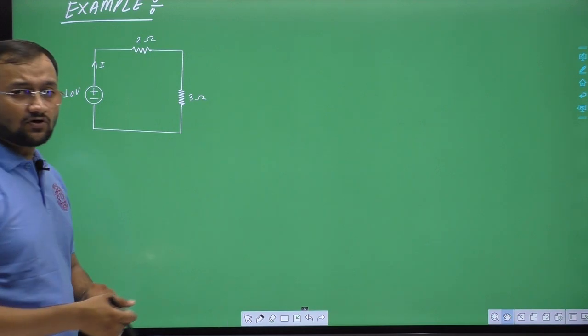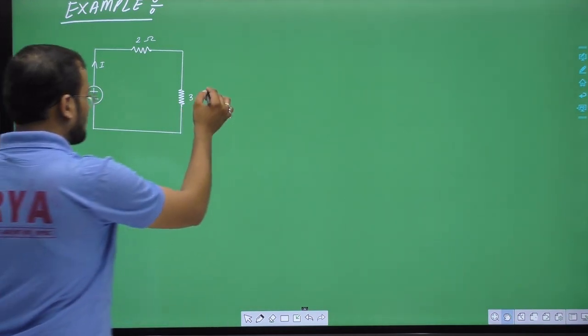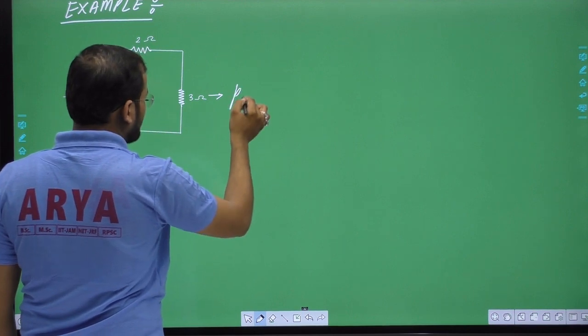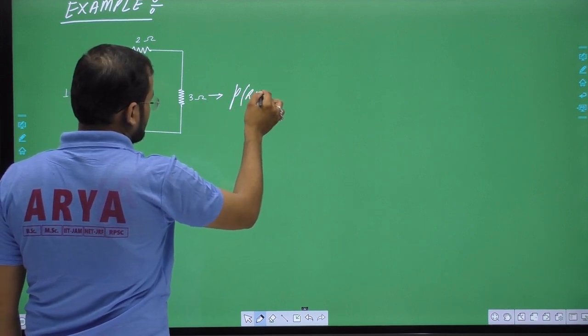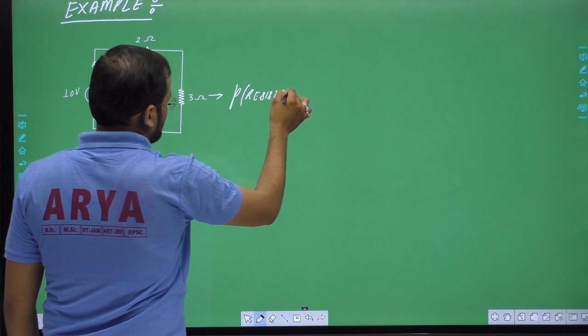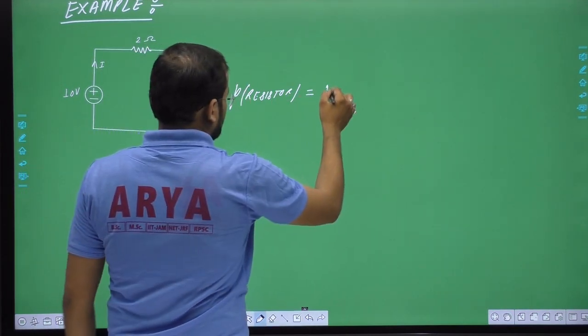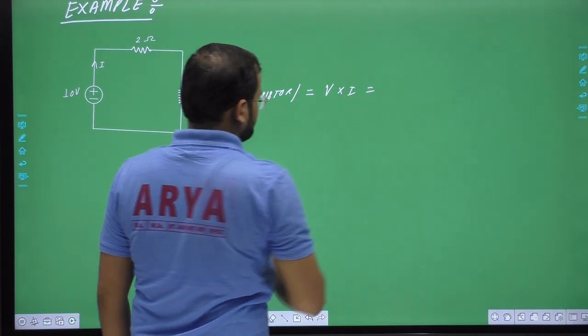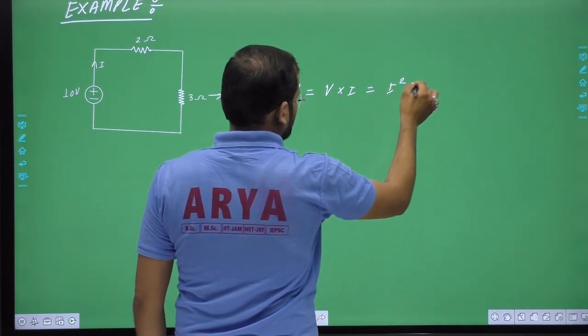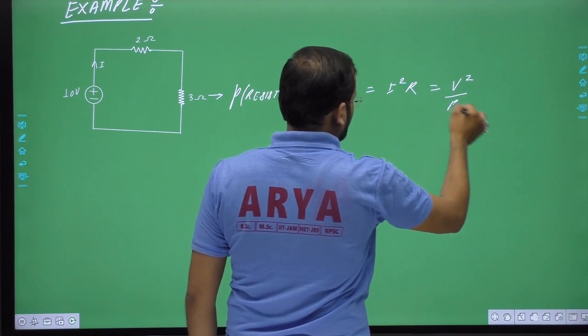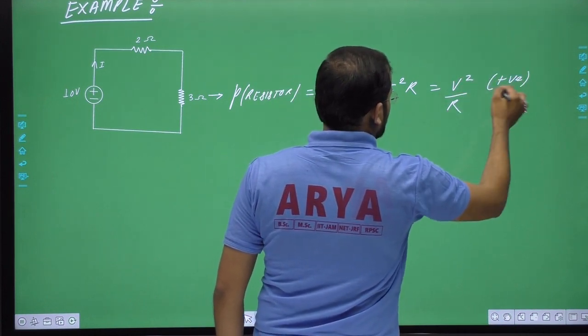As we know, power across any resistor will be always positive.